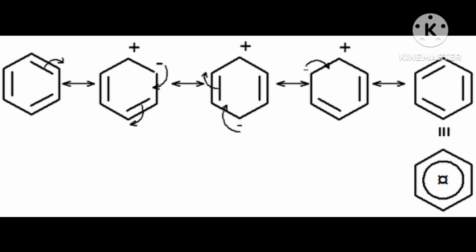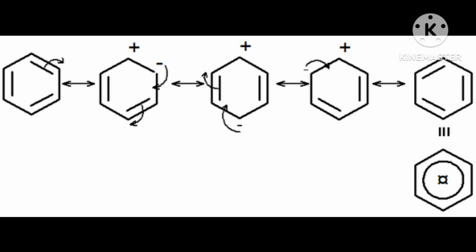It was showing addition when it had double bonds in the Kekulé structure, but now it will not show it. Addition reaction will not take place easily in benzene. It is reluctant to undergo addition reaction.